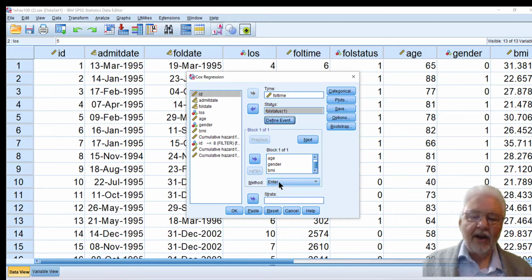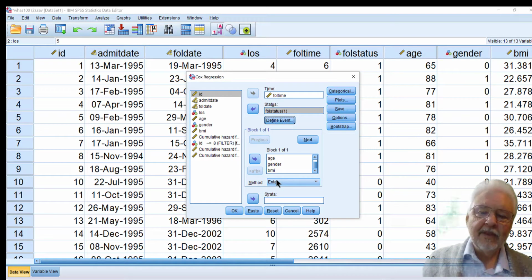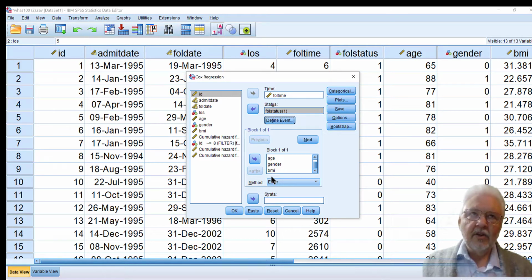We could do a stepwise and bring them in one at a time. The only problem with that is you could find some variables that would come in if you controlled for other variables. The other bad part is if there's a lot of multicollinearity, it would cancel out different things. So it's not a bad idea to do it both ways.